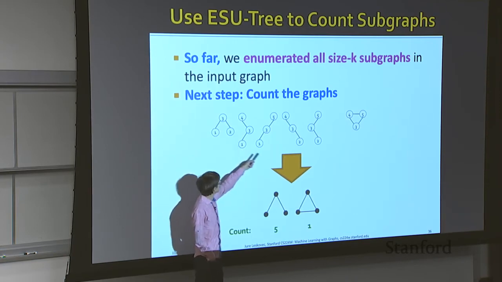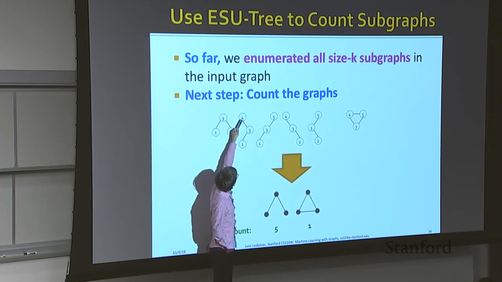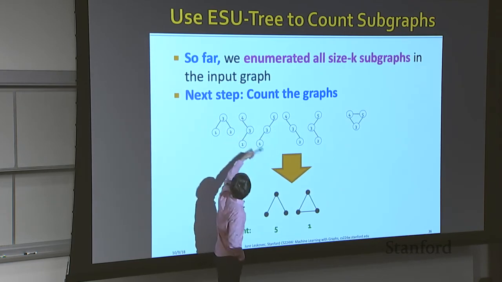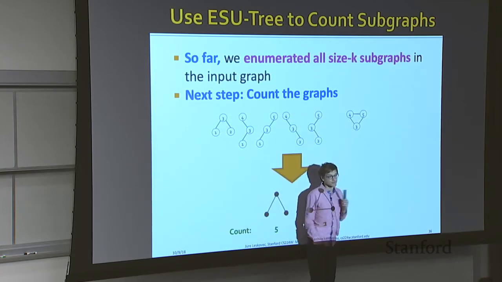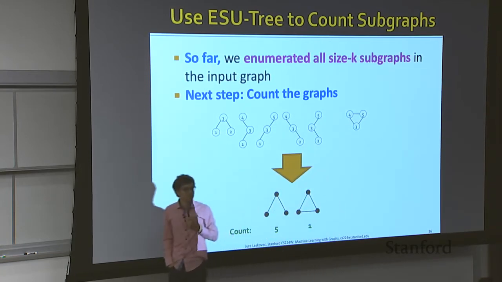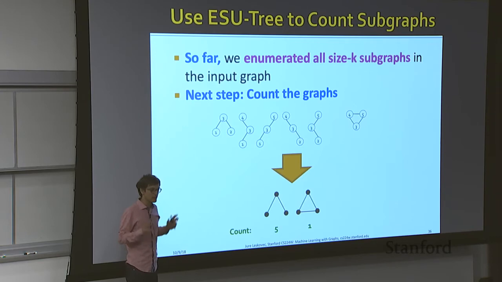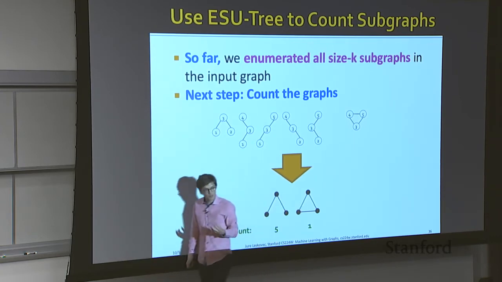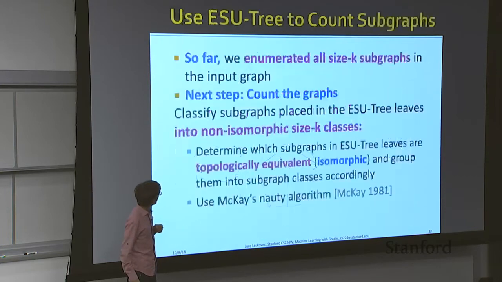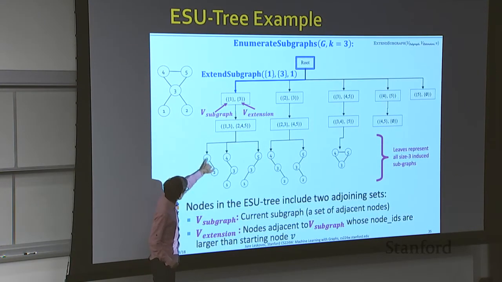Correct, because that's a different motif. Of course, we also consider 4, 3, 5, which should be here, right? It's an induced subgraph, so I have to take all the edges that come between those 3 nodes. If I go back, here it's 1, 2, 3.